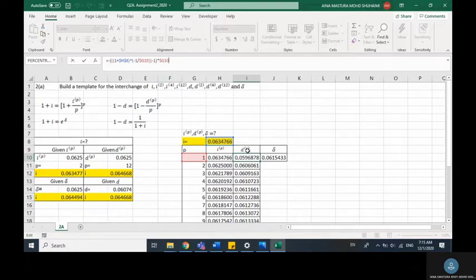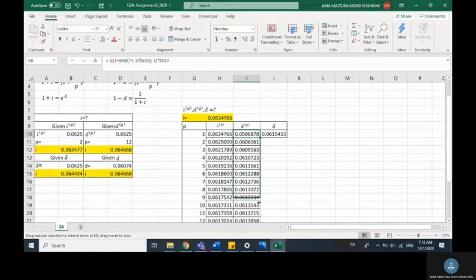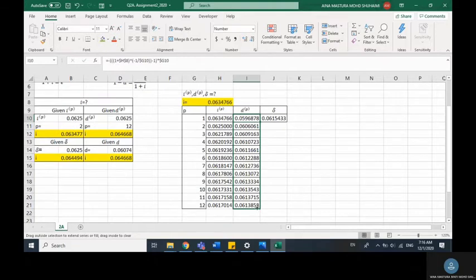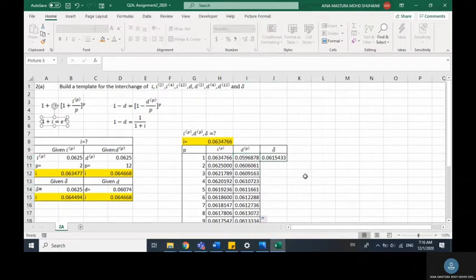Also, we need to make sure that the value of I is fixed at H8, so dollar sign, and the same goes for the value of P fixed at column G. So also put the dollar sign, enter, and we drag to find the values of D1 up to D12. To find the value of delta, we can use the formula and substitute the value of I.